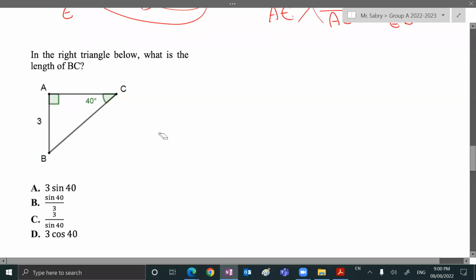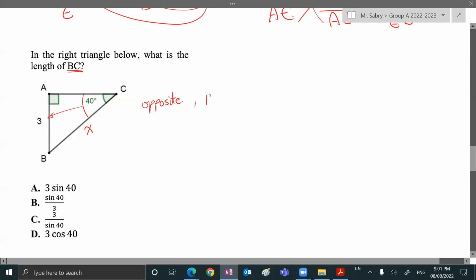In this one, apparently it's a right triangle. All the answers have either sine or cosine, so I'm thinking in that direction right away. Also because I have an angle and a side in a right triangle, I do have the opposite side to the angle 40. They want me to find the length of side BC, which is the hypotenuse.